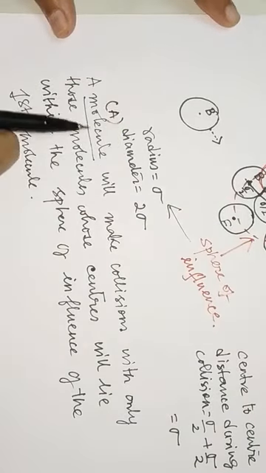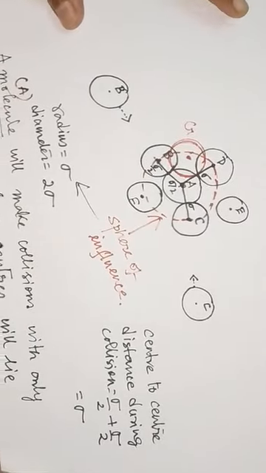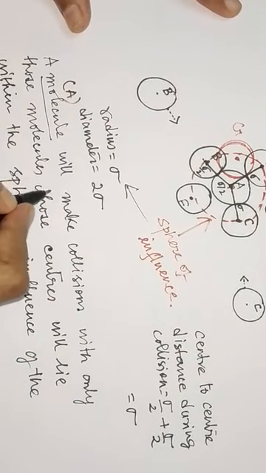So this molecule A will make collision with only those molecules. In our case, which molecules are making collision with molecule A?